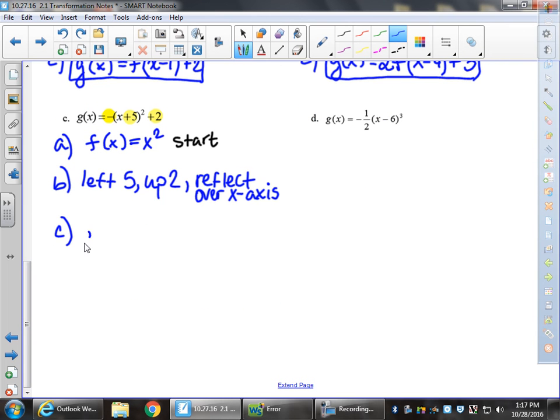So g of x equals negative, because of that reflection over the x-axis, negative of what f was. A shift left 5 will be x plus 5 on the inside. Positive 2 for that vertical shift up 2, and we're done.